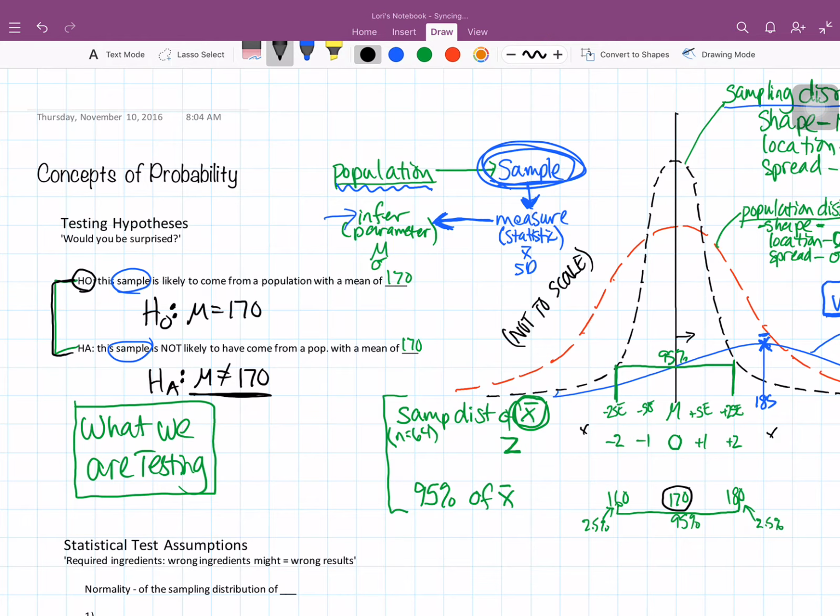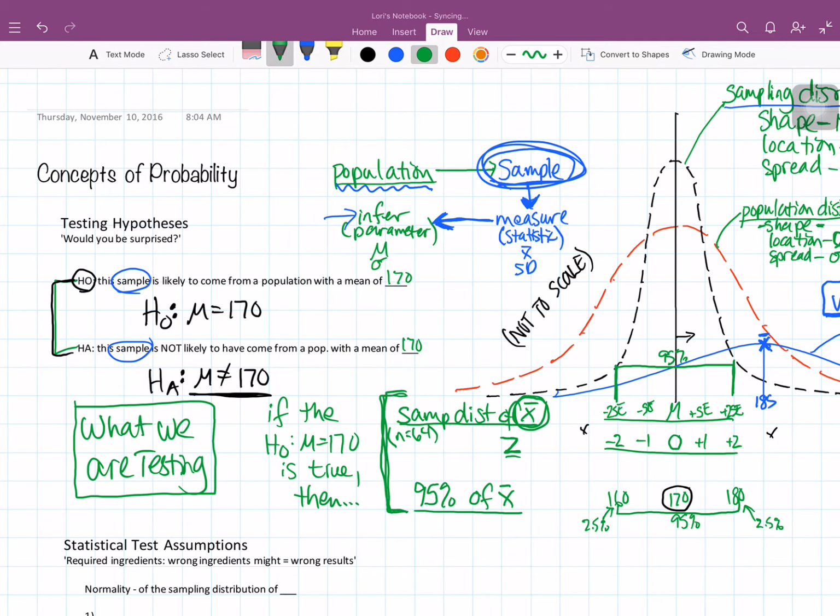When we are doing this particular hypothesis test, either that mu is equal to 170 or mu is not equal to 170, what we are testing is that if the null hypothesis, mu equals 170, is true, then our sampling distribution would be located here, our z-value would be located here, and 95% of the x bars would be between 160 and 180.